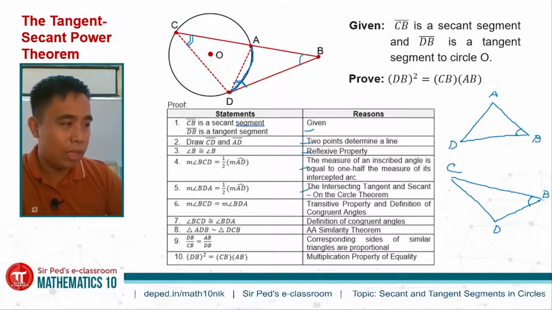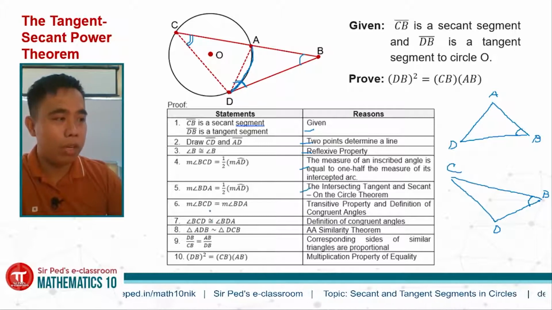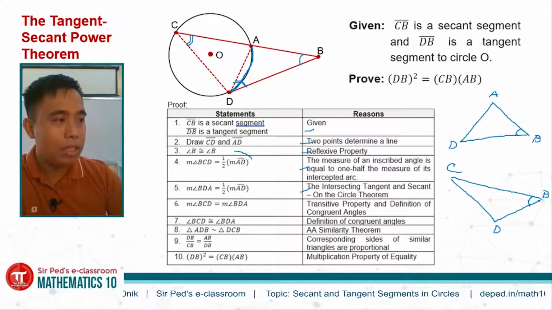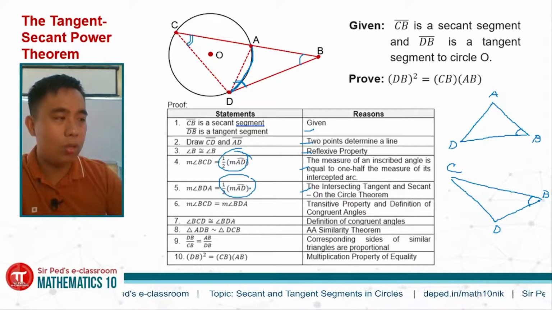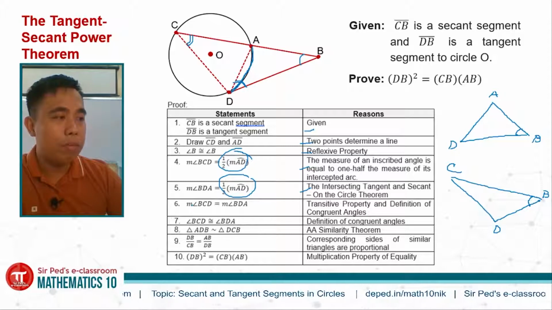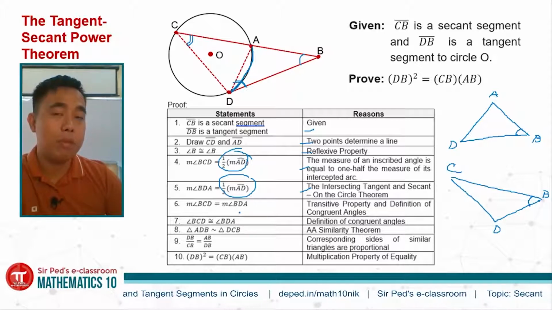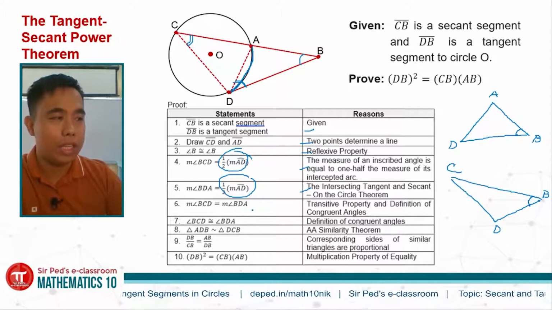So, we have proven that as well. Therefore, by transitive property of equality, they are both equal to 1/2 of the measure of arc AD. Therefore, the measure of angle BCD is equal to the measure of angle BDA. Transitive property of equality.